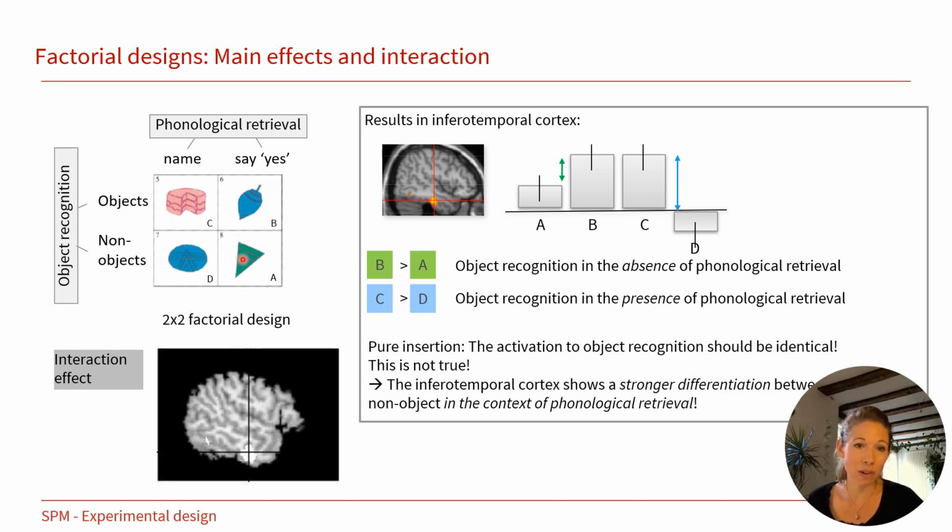In this condition where we just have to say yes, the inferior temporal cortex does make a difference between objects and non-objects that you can see here. However, in the presence of phonological retrieval, this is much stronger. There's even a deactivation when we have phonological retrieval when there is no object. So it is sensitive to both contexts.